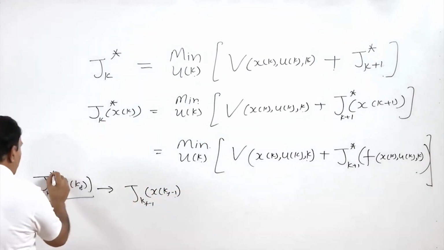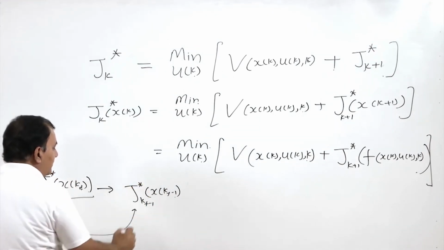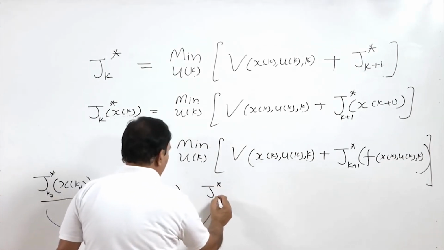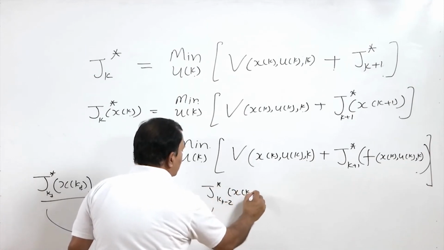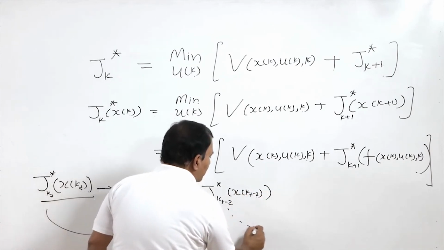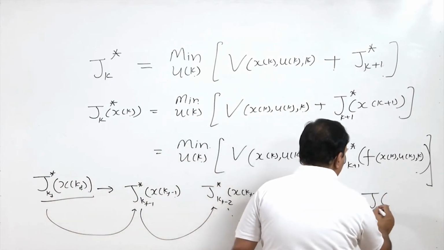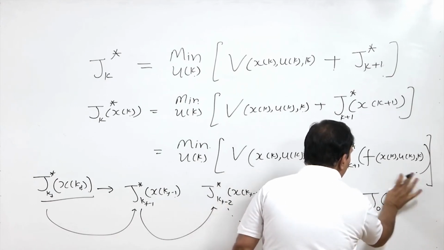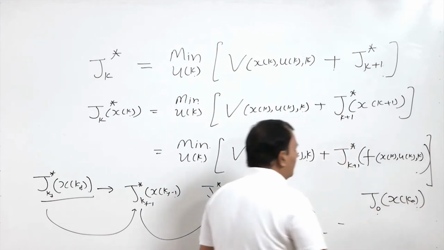If I know this optimal, I can find this, and if I know this, I can find J* kf minus 2, and in this way I can finally find J0, which is J of x of k0.